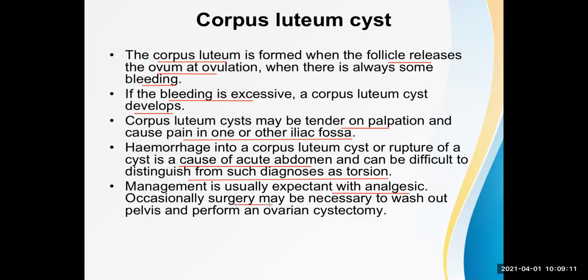Occasionally, surgery may be necessary to wash out the pelvis and perform an ovarian cystectomy. Usually it is not necessary because it doesn't last longer, so if possible, we can manage with analgesics only. But if it is continuously growing bigger, if it is causing severe pain, and if it ruptures, then we have to go for surgical treatment.